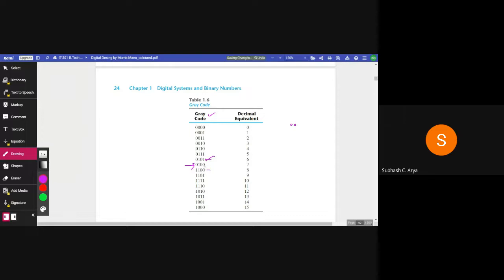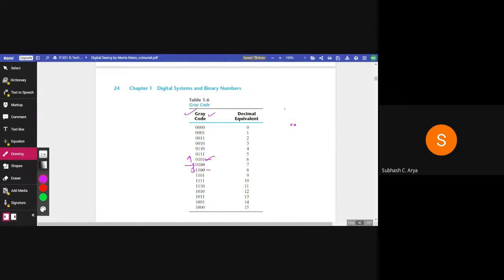Now come down, whether this definition is correct or not. 0 is changed into 1, so one change is there. 1 here, 1 here, no change. 0 here, 0 here, no change. It means only one bit change is allowed whenever we are going either up or down, that is, adjacent bits. Got it? So this is the Gray code.